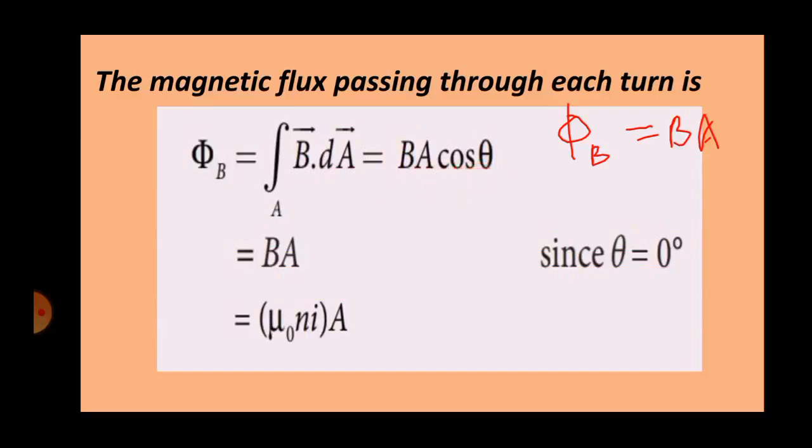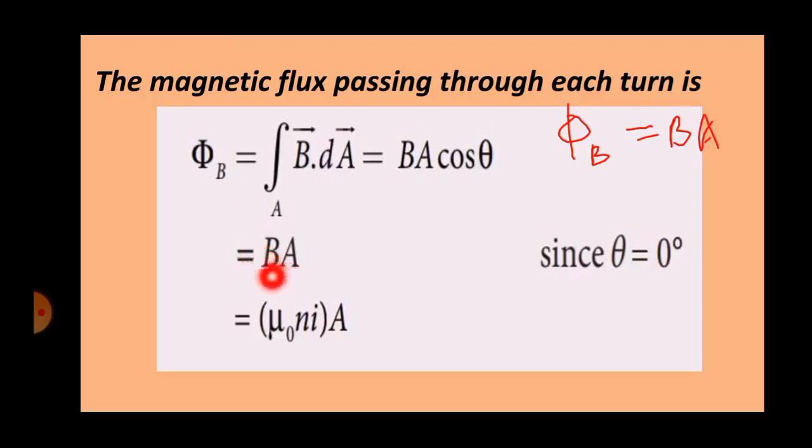Here both are parallel to each other because of the uniform magnetic field directed along the axis of the solenoid. So theta is equal to 0, therefore cos 0 is equal to 1. So phi B, the magnetic flux, is equal to BA.